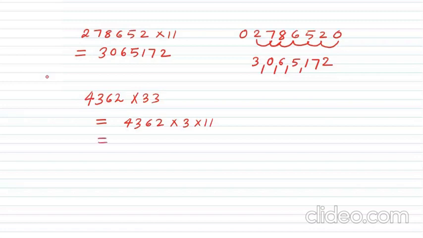So in the first step, I can multiply this number by 3, which is easier because 2 into 3 will be 6, 3 into 6 will be 18, 1 carry, and 3 into 3 is 9, and that carry over term will give you 10. So you write 0, and then 4 into 3 is 12, and plus 1, that is 13. So this is how you get 13,086.